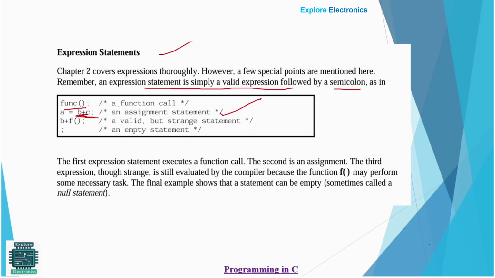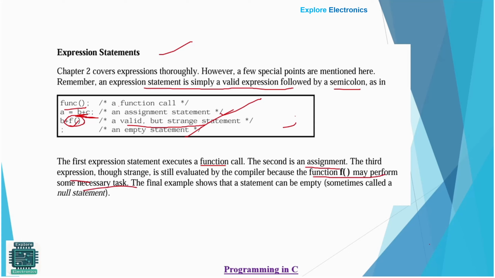Here it is a valid but a strange statement, right? B, a value, plus we are adding with a function, but it is valid. Or else an empty statement, only a semicolon. The first expression statement executes a function call, the second is an assignment, and the third is a strange expression that is still evaluated by the compiler because the function may perform some necessary task.